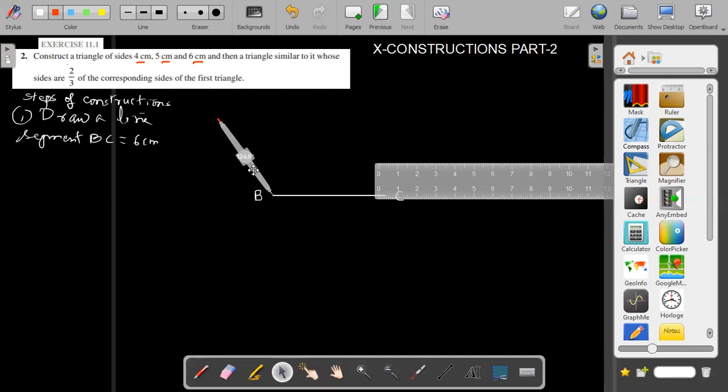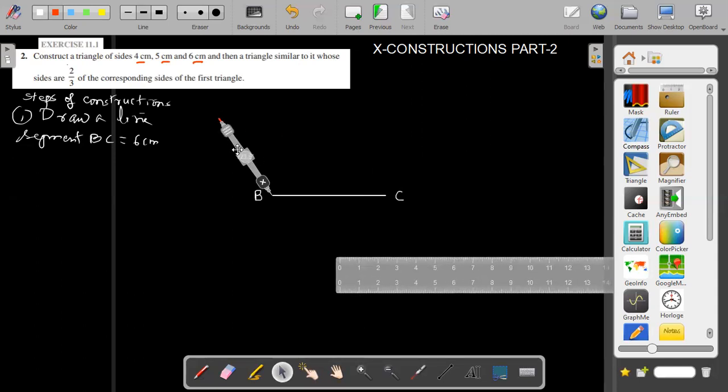Keep it here and draw an arc of 5 centimeters. We need the arc on this side.